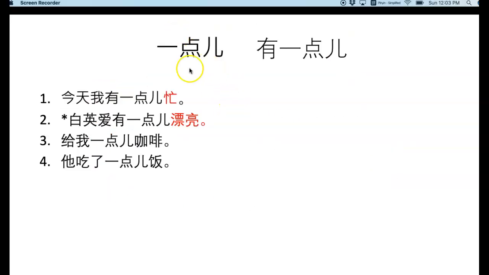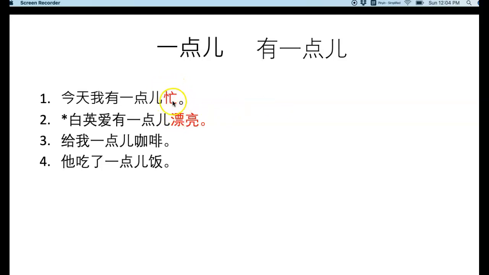Okay, the last one. We also introduced 有一点儿 in class. We can use 有一点儿 to describe adjectives. However, you have to remember the reason why the second sentence is ungrammatical, 白英爱有一点漂亮, because 漂亮 means something positive, while 有一点儿 is used to describe adjectives that carry relatively negative meaning.